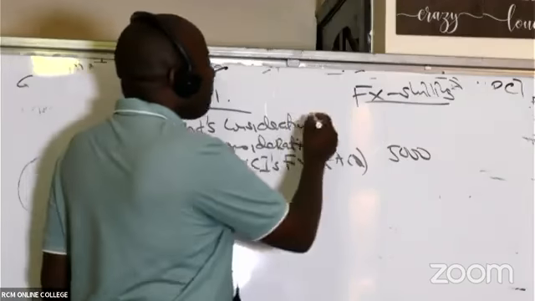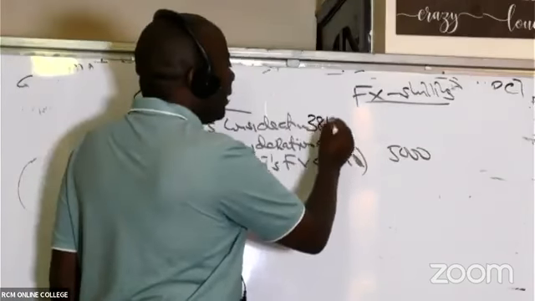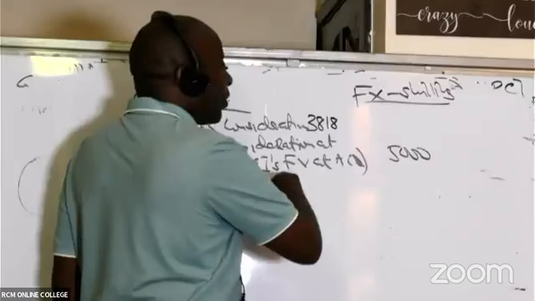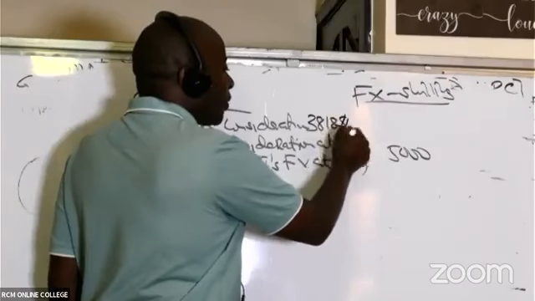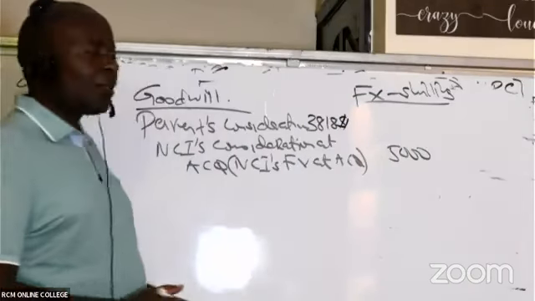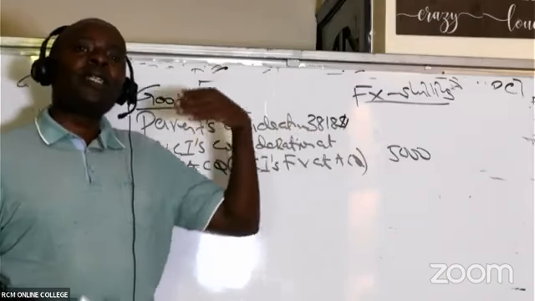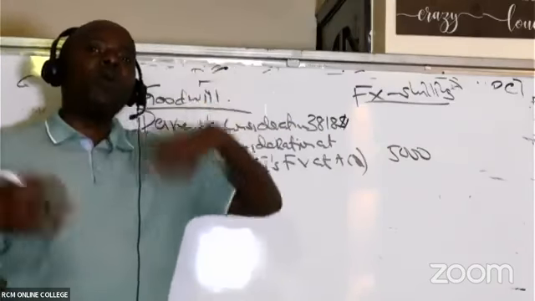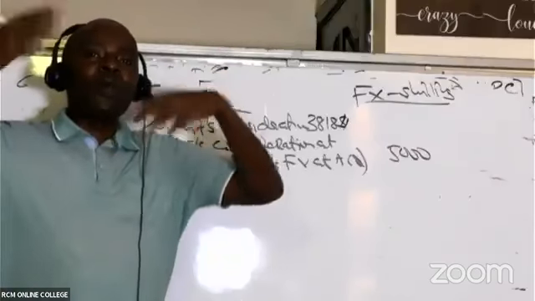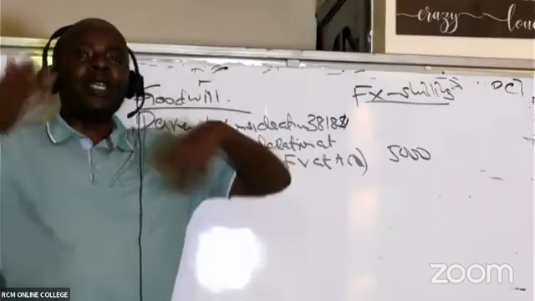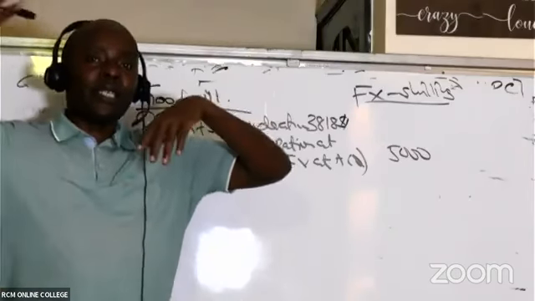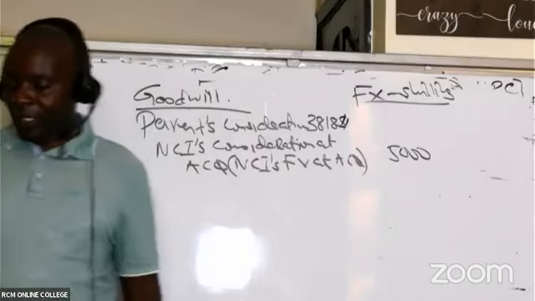But now remember that 38.18 is in the home currency, which is the dollar. And I'm told here that the goodwill has always been computed home and away. So this is away. The away one is the shilling.